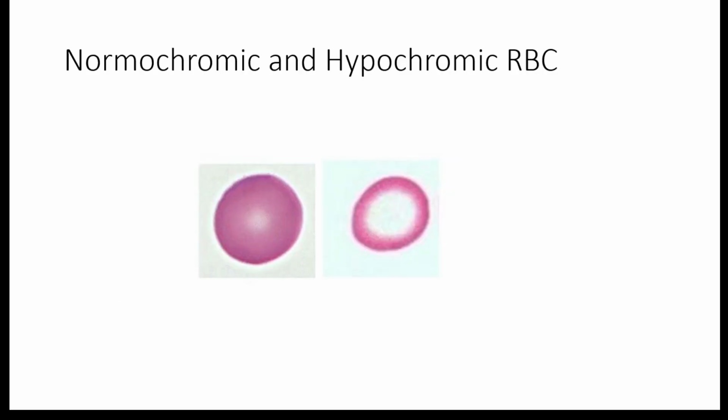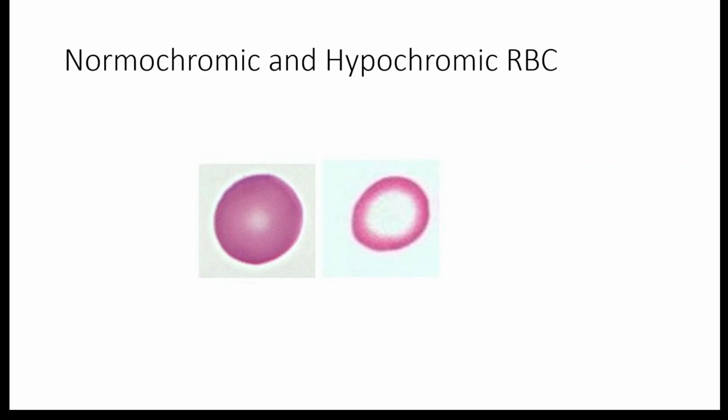The first term which we should all be aware of and very clear about is chromasia, or the color of the RBCs. Normally, when the RBCs are adequately hemoglobinized, the hemoglobin ring would be at least 2/3 the thickness of the RBC with a faint central pallor. That is, the central pallor should be less than 2/3 the size of the RBC. If such a situation occurs, then the hemoglobinization of the RBC is adequate.